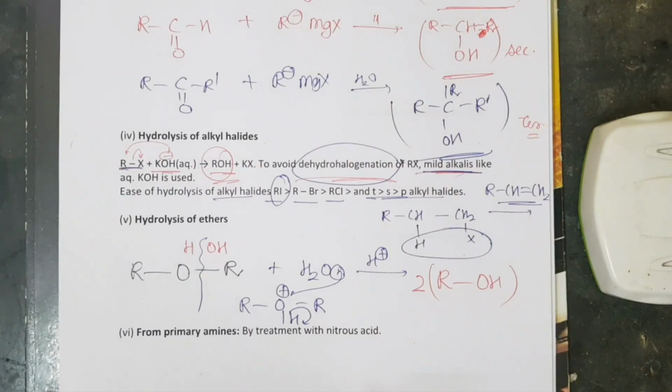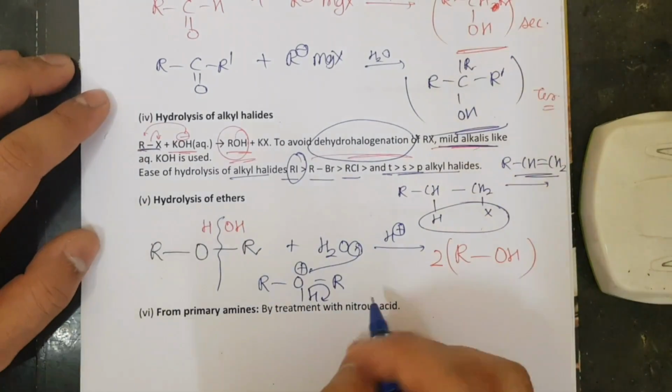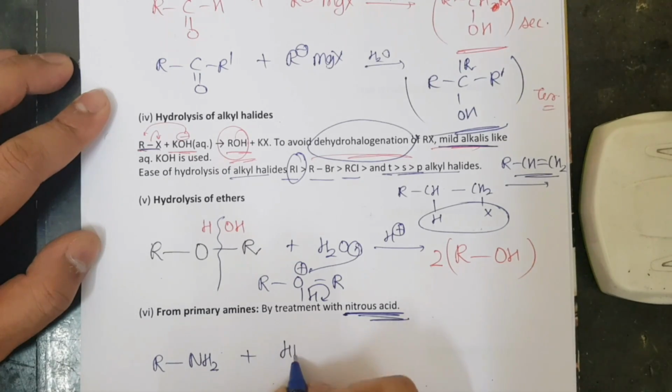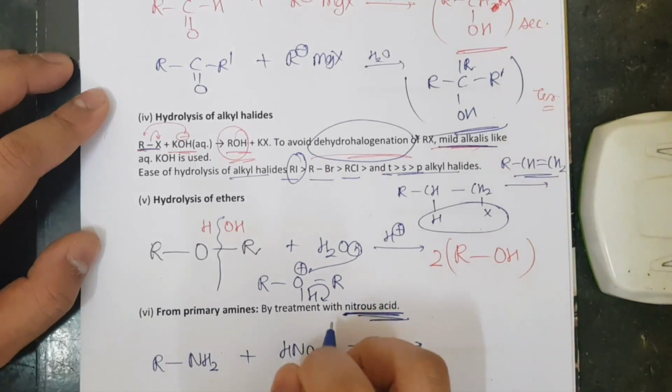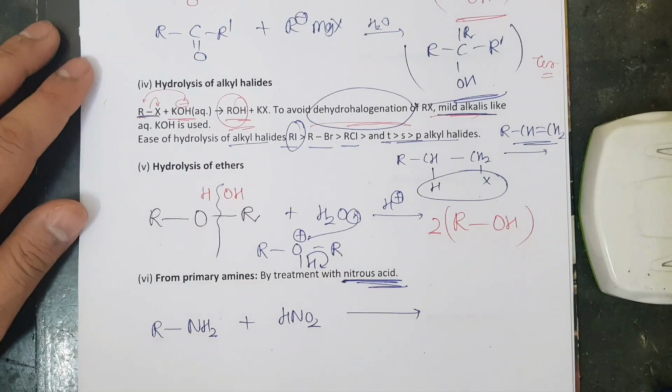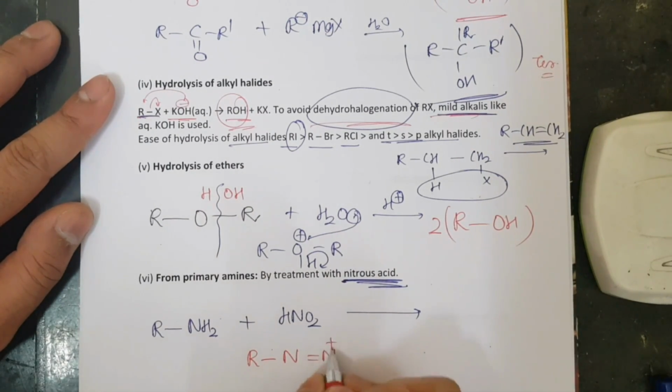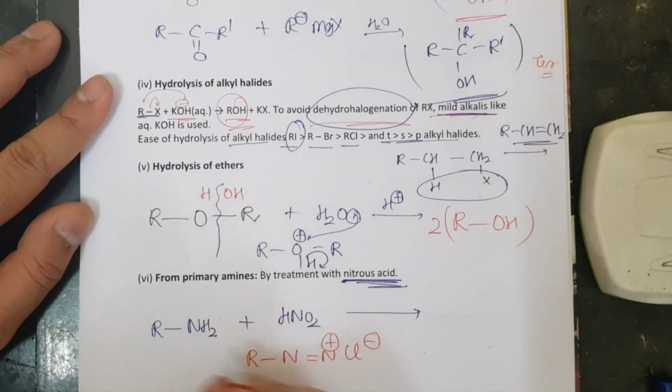Next we have the preparation from the primary amines by treating with nitrous acid. Very important. We have RNH2, which would be discussed properly in the amines chapter. We have HNO2. What does HNO2 do? Please remember that it helps in the diazotization. That gives me the formation of R N double bond N plus Cl minus.